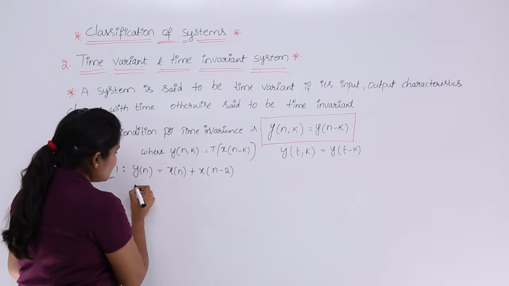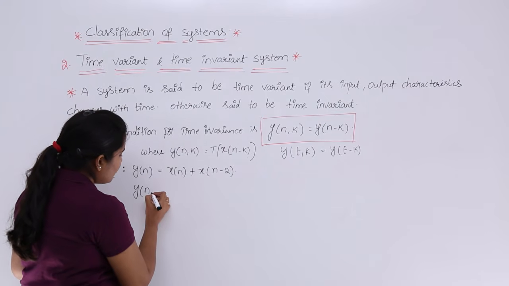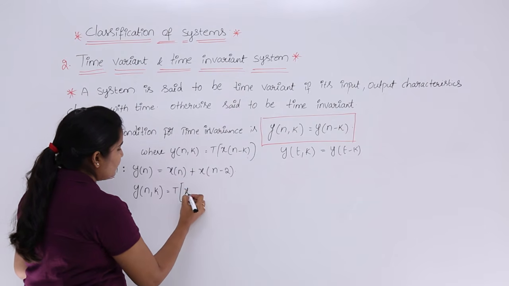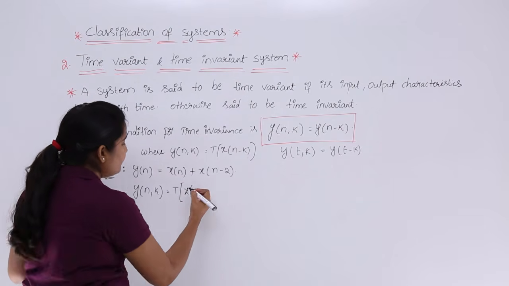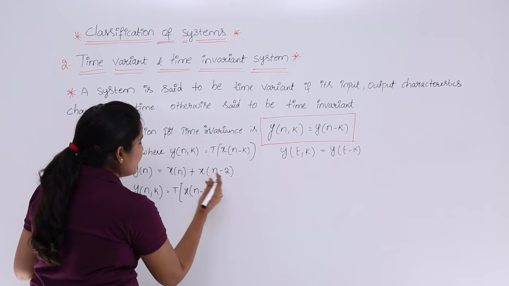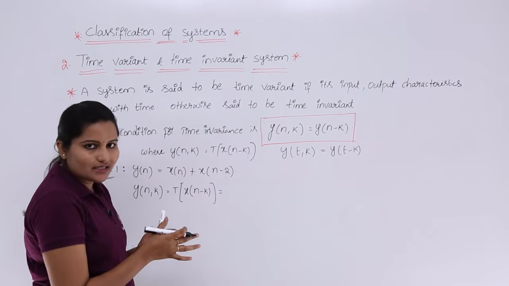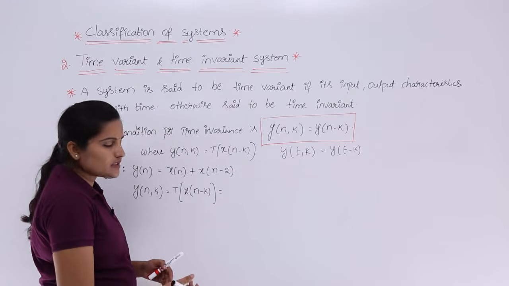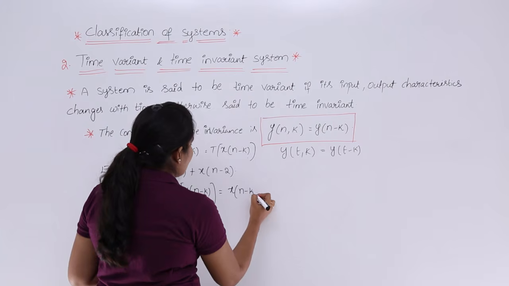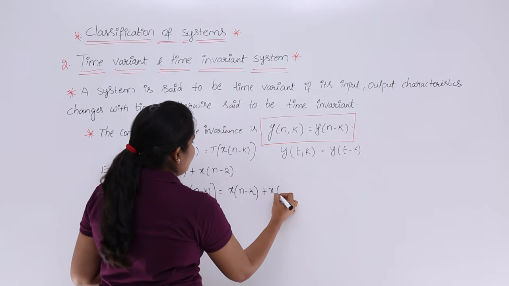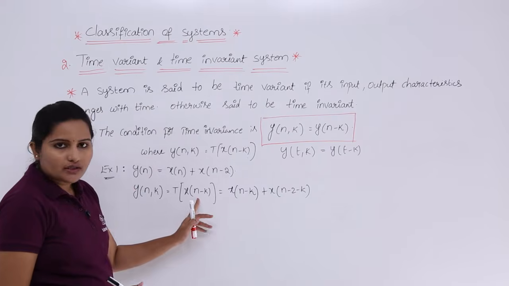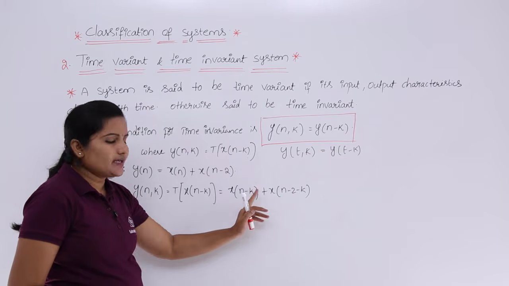First of all, you need to calculate y of n comma k. So, y of n comma k is nothing but T of x of n minus k. That means you need to delay each x signal by k samples, so this is equivalent to x of n minus k plus x of n minus 2 minus k. Like this you need to write, delaying by k samples.